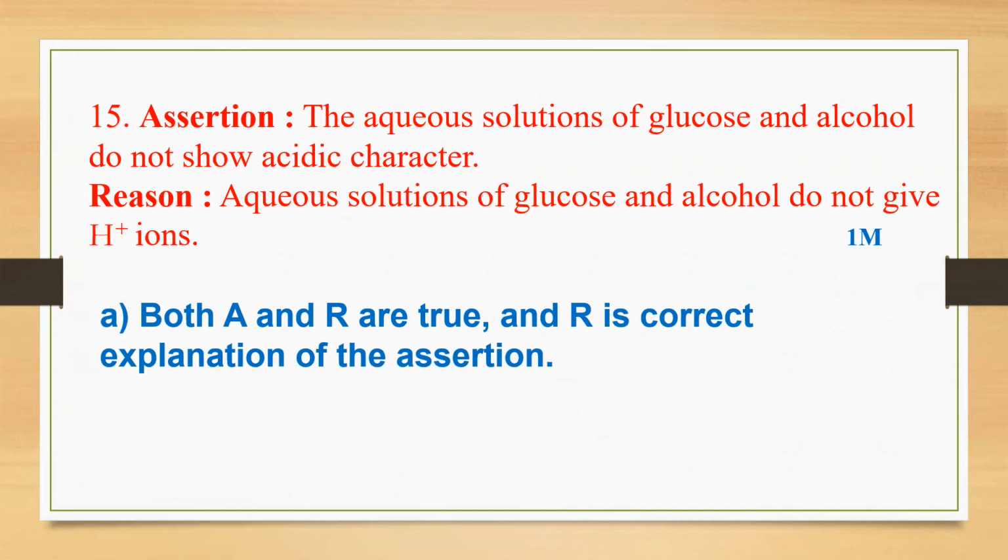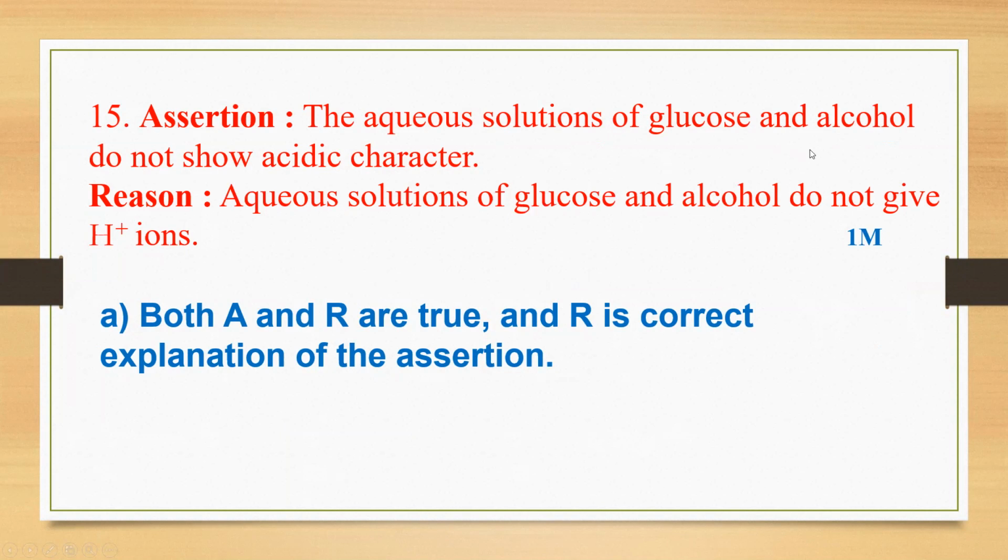If they are not producing them, they are not showing acidic character. The same thing happens here. Glucose and alcohol are not producing H plus ions. They don't have the ability to produce H plus ions. That's why they don't come under the category of acidic substances. Okay, this is the correct explanation.